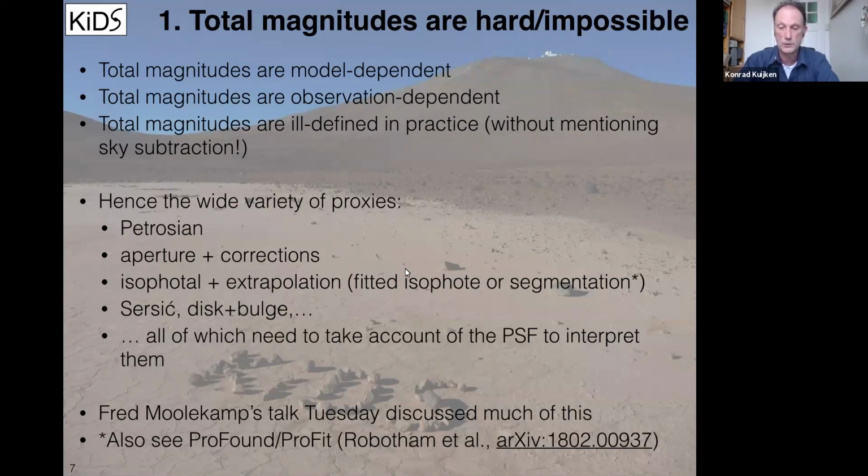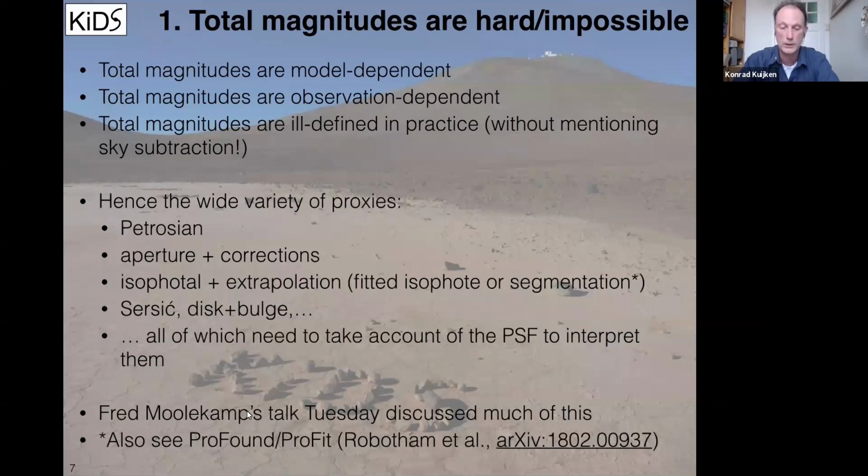You can get your isophotes by fitting a model or by using segmentation maps. You can directly fit PSF convolved models, and there are various models you can use that are popular. The point is, all of these are in some sense affected by this uncertainty that I described before, and they all involve treating the point spread function properly, both for the measurement and also for the interpretation.